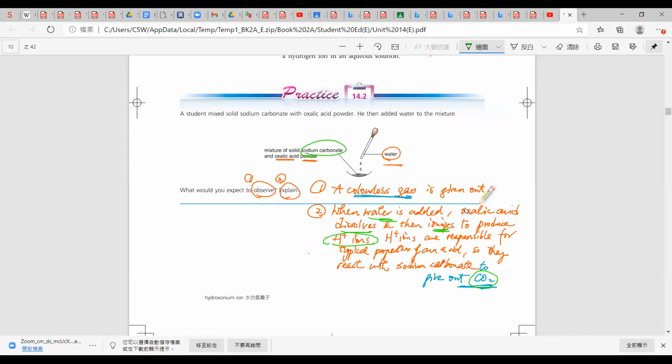Without water, what happens to oxalic acid? It will not be ionized to form hydrogen ions. So no hydrogen ions, of course, it will not exhibit acidic property, so it will not react with sodium carbonate to release carbon dioxide. So that's why no effervescence will occur. Can you get a point?